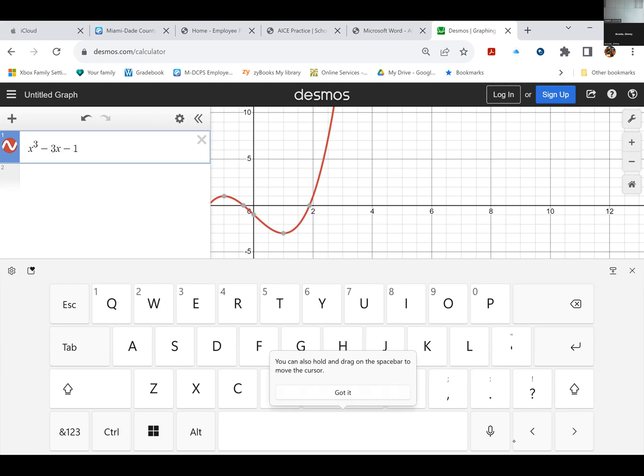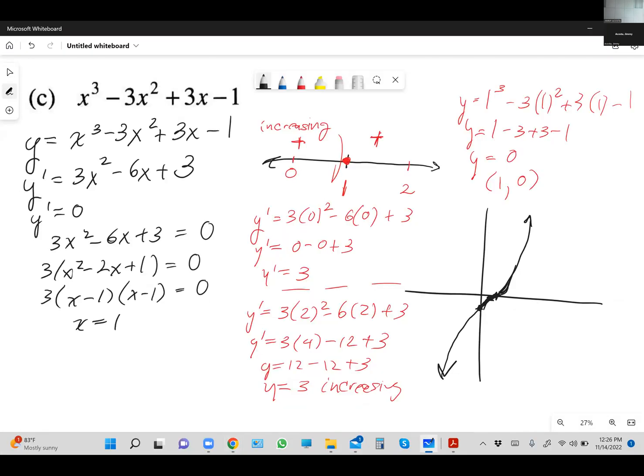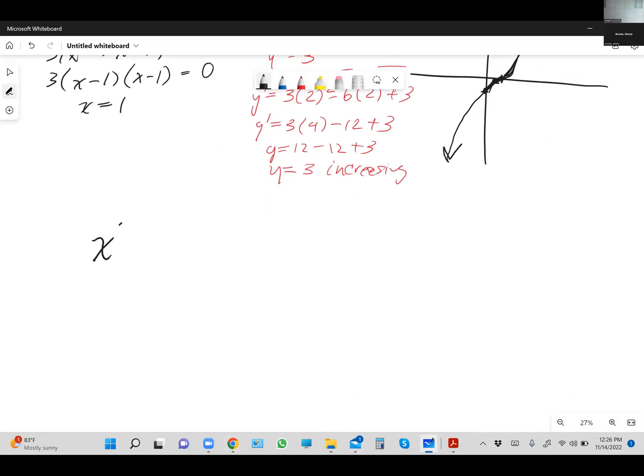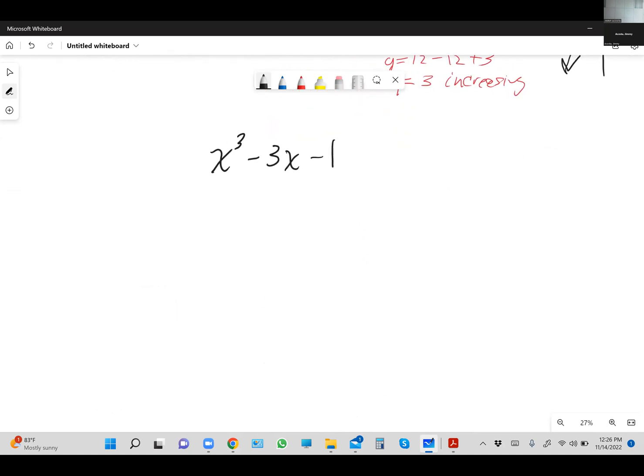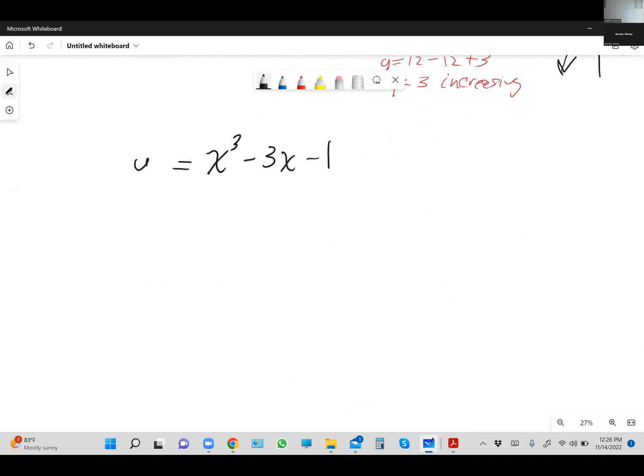X to the 3rd minus 3x minus 1. So let me go ahead and write this on my board. X to the 3rd minus 3x minus 1. We already saw the graph, but I want to show you that we didn't have to see the graph.